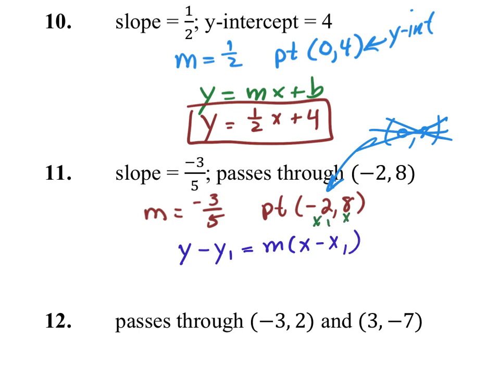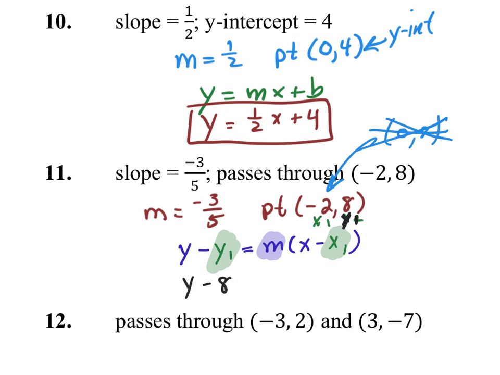The only thing that I substitute in for is the y1, the x1, and the slope. The y and the x themselves are just going to stay inside the equation. So y minus y1. So that should be a y1 right there, sorry.